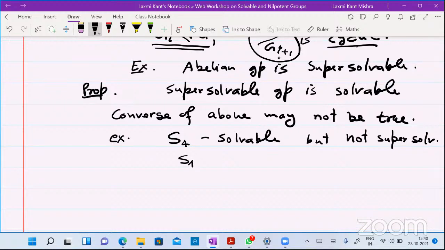Since S4 has a normal series, a solvable series, S4 by A4 and A4 by... okay, I may be wrong. Just one thing. I think it is super solvable.